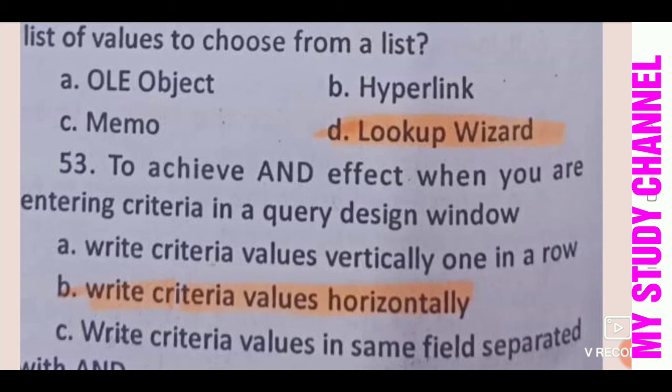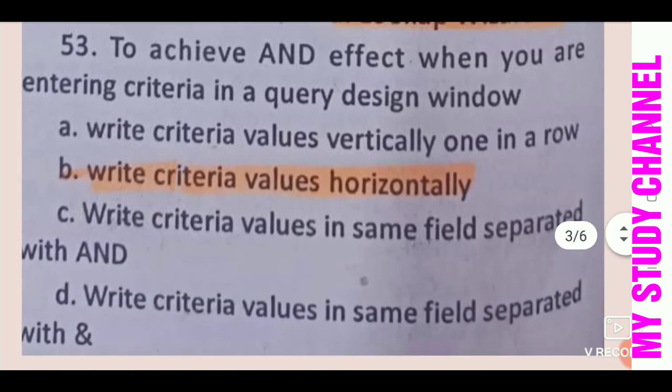Options are A, write criteria values vertically, one in a row. B is write criteria values horizontally. So here the answer is write criteria values horizontally. So option B is the right answer.